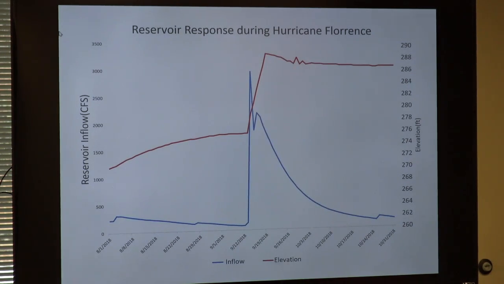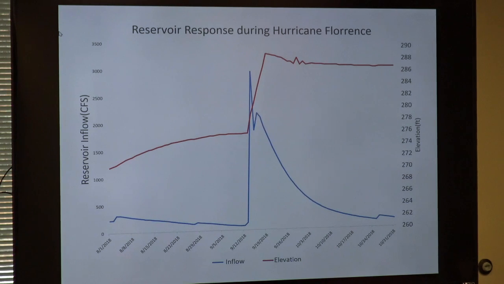Reservoir response during Hurricane Florence. These are scenarios we built. What we did was pull out precipitation data from Wilmington, North Carolina, and replace Providence's with it just to create a scenario. So the atmospheric effect, ocean circulation, and wind aren't in the picture here. It's just precipitation.